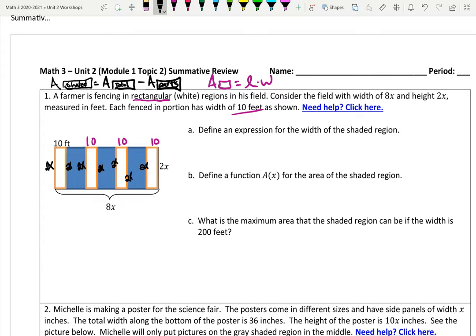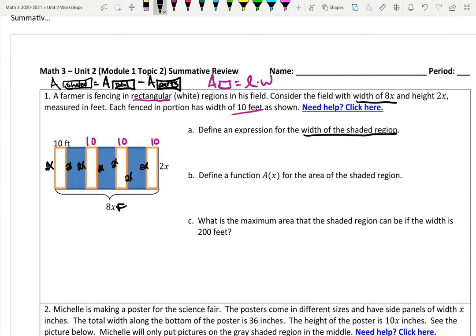Now, what is the height? Well, 10. So the width of the shaded region is going to be this guy.